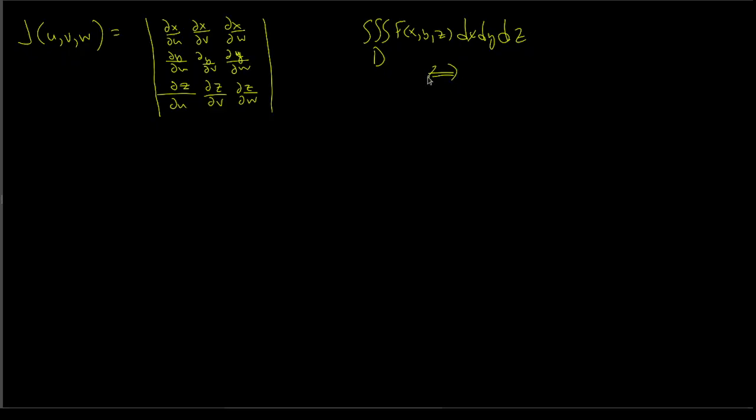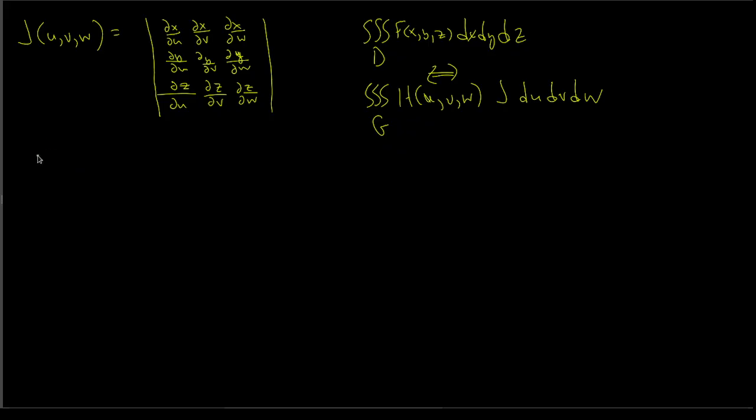You have some transformations, and we'll make that region some larger region G. And then you have some function h in u, v, and w, and you will have your Jacobian and du, dv, dw.